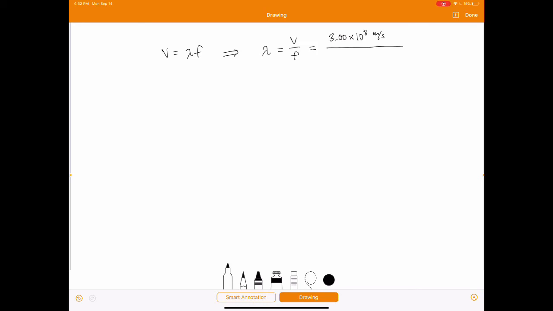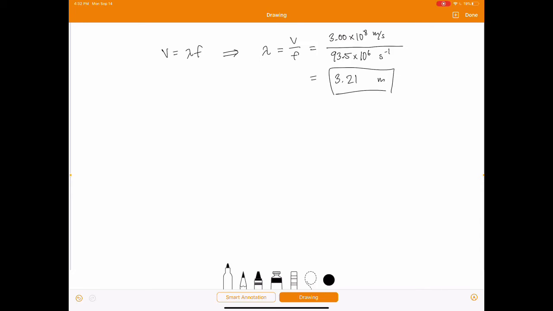For f, we have 93.5 megahertz. So that mega prefix is 10 to the 6. So 93.5 million, in other words. And hertz is just the same as inverse seconds. So what we're going to be left with after canceling out the seconds is just units of meters. And if you do the calculation, you'll get 3.21 meters.